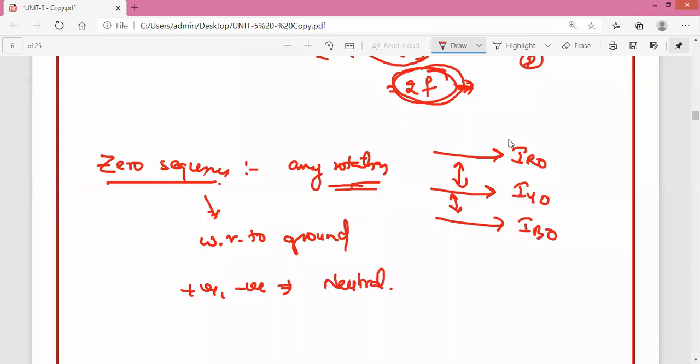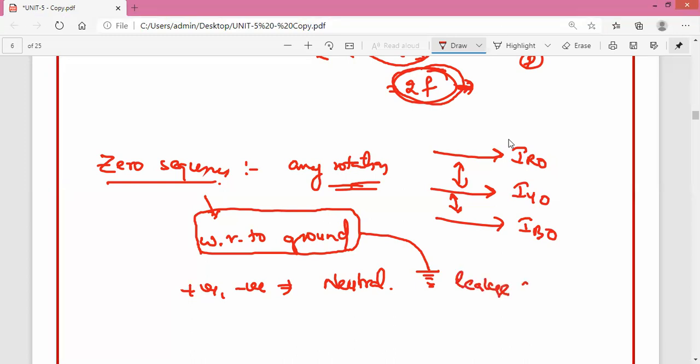Whenever these components are represented with respect to ground, they are called zero sequence components or leakage components.